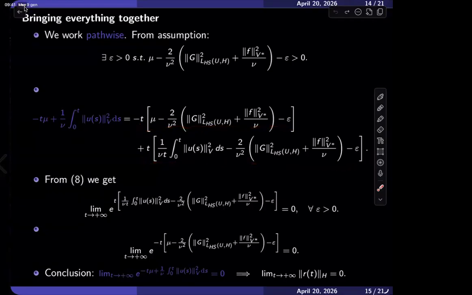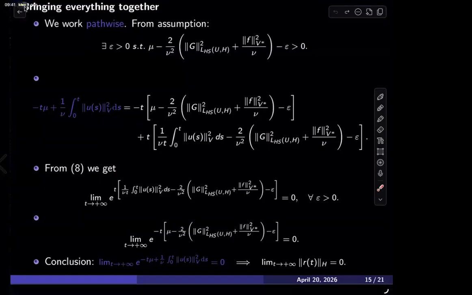When we take the limit when time goes to infinity of the exponential of the second term here, this limit goes to 0, since we have proved that when time goes to infinity, this term is less than or equal to this quantity here, and so everything is less than 0, and so we have the limit of the exponential of minus a constant times t, which converges to 0.